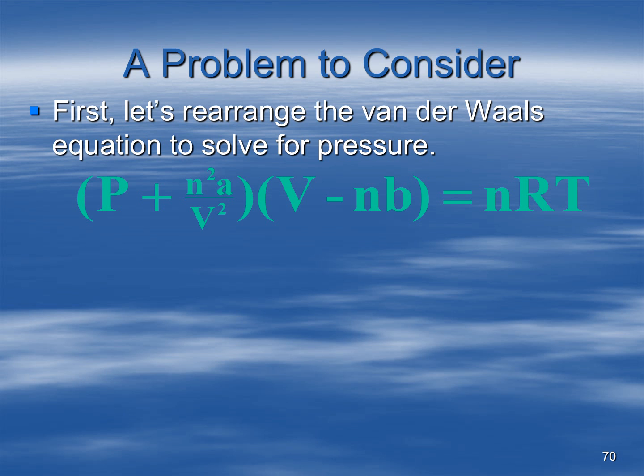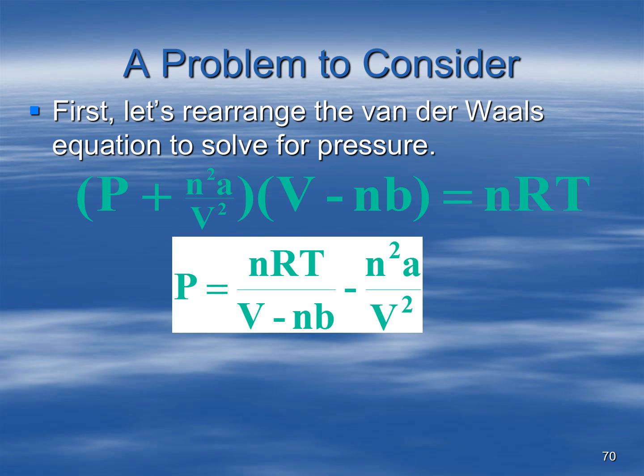But if we wanted to rearrange the equation first, the first thing we would do is divide both sides by V minus nb. So nRT divided by V minus nb, that whole quantity, and then we could subtract n squared a over V squared from both sides. So it's a little bit complicated to look at, but it's fairly straightforward algebra.